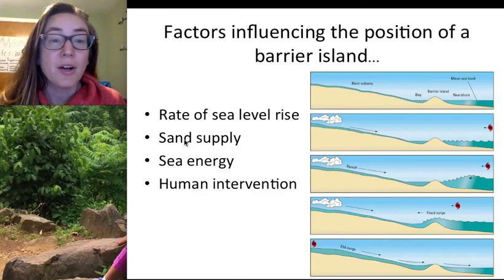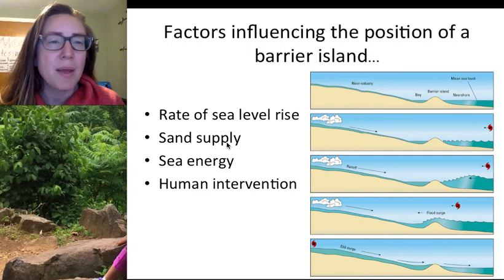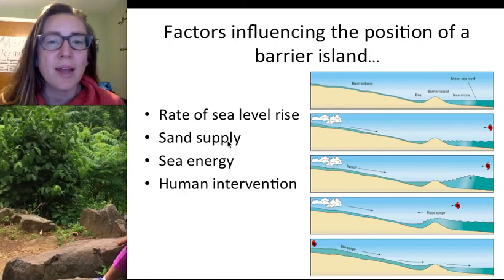We all like our property and want to keep it, so we actually do contribute to sand supply. We do not allow a lot of natural factors to happen that might keep it at a more constant rate, but instead we try to hang on to that and alter those geological processes.